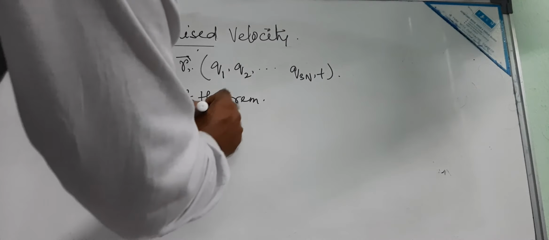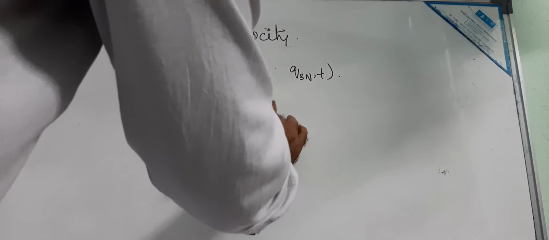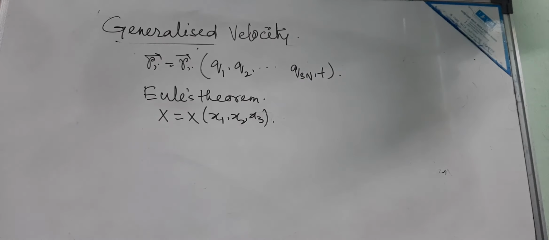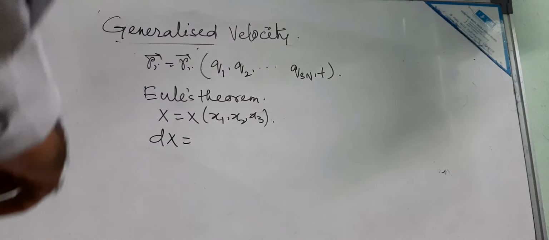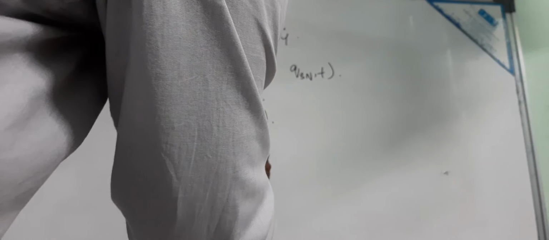Euler's theorem says that for any variable x which is a function of x1, x2, x3, dx can be written as del x by del x1 into dx1 plus del x by del x2 into dx2 plus del x by del x3 into dx3.